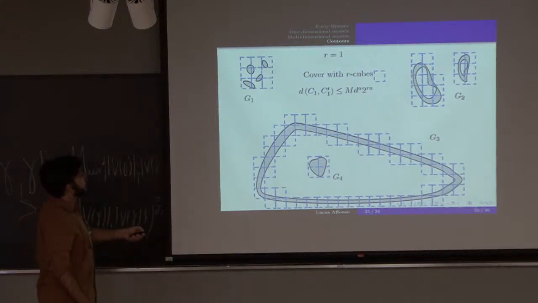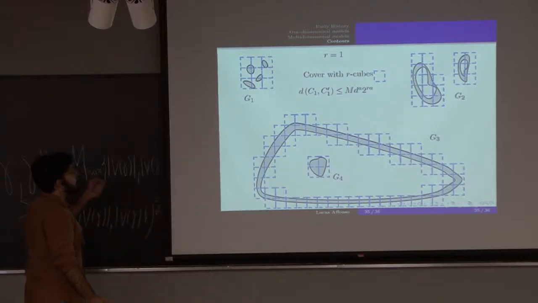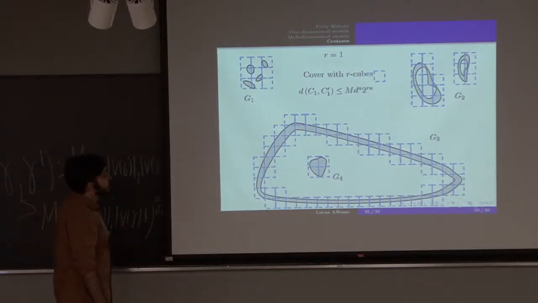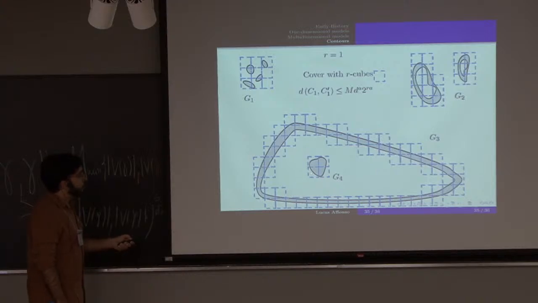And then suppose that you have, let's say, 4 different connected components of this graph. What João does is the following. You take a connected component, for instance G4, and you look at the volume of the set that you are covering by G4.